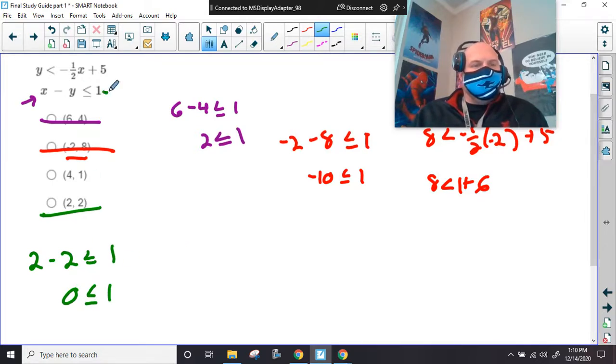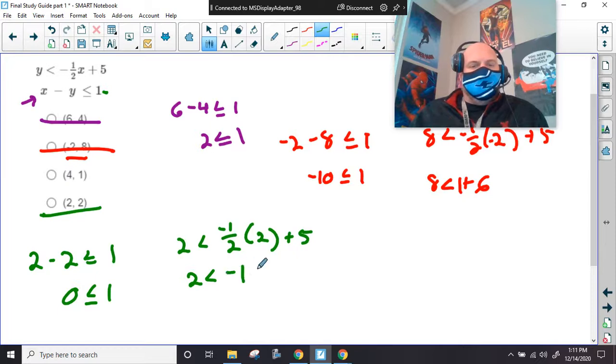So it works for this one. I hope so. If not, you need to do something about that. Negative 1 plus 5. All right, because this gives us 4.